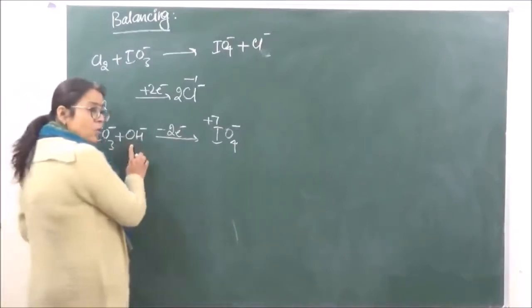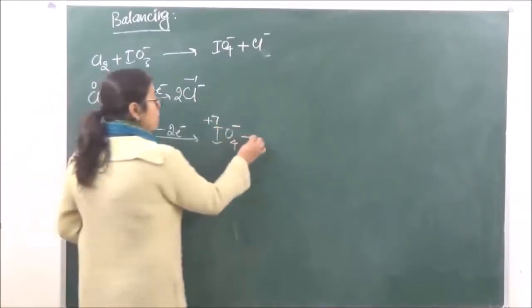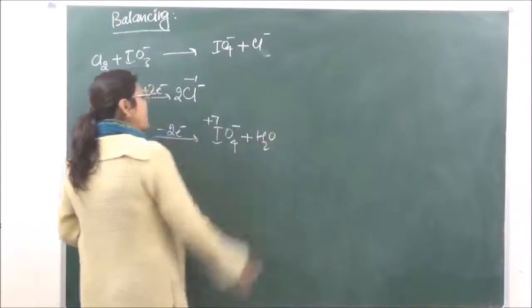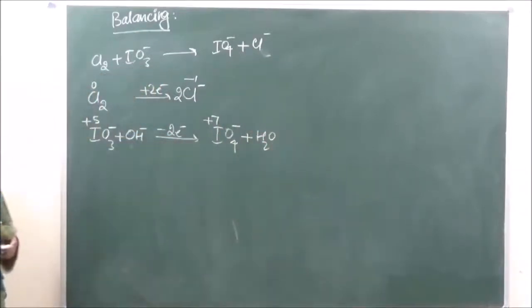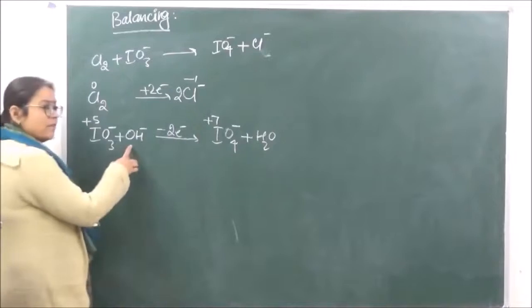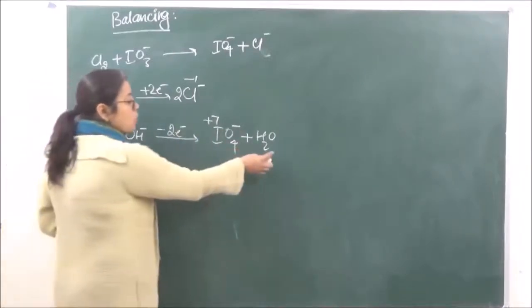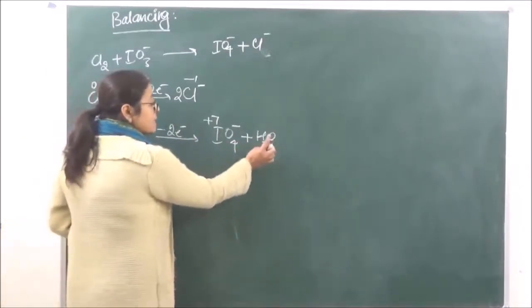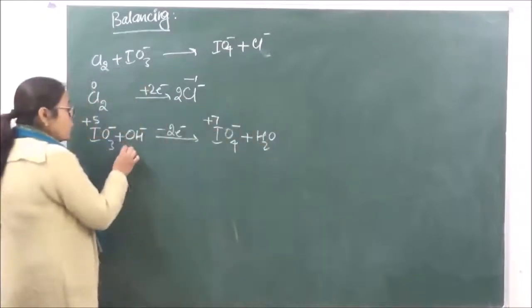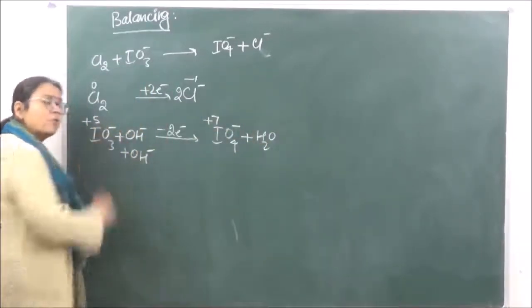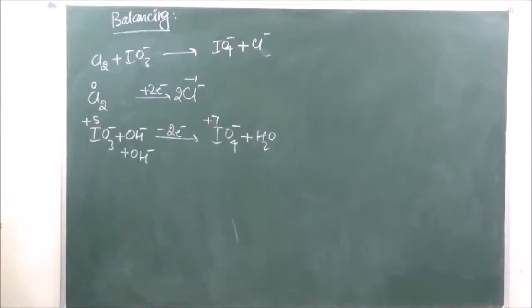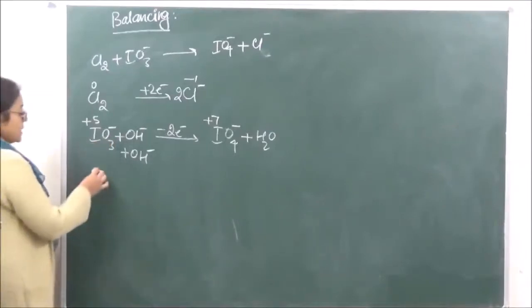Then जितने आपने OH negative लगाए हैं उसकी opposite side में आप उतने ही H2O लगाओगे. You put one OH negative on this side, उतना ही H2O on the other side. Then जितने आपने H2O लगाए हैं उतने OH negative again you have to put on the opposite side. ठीक है?